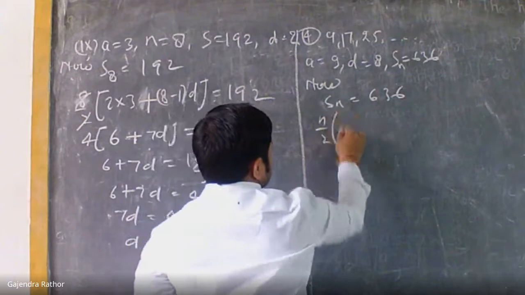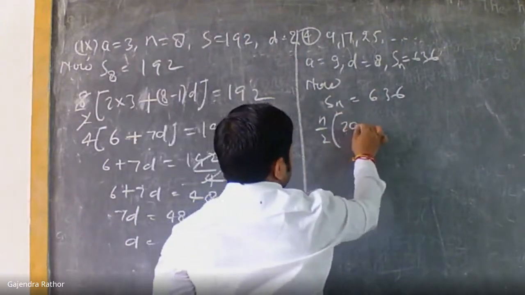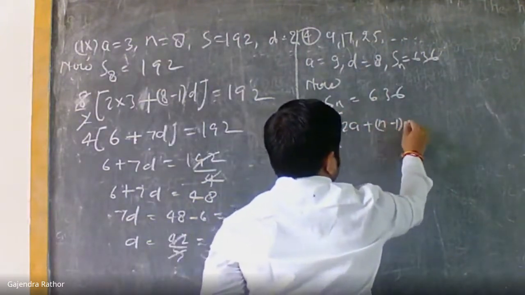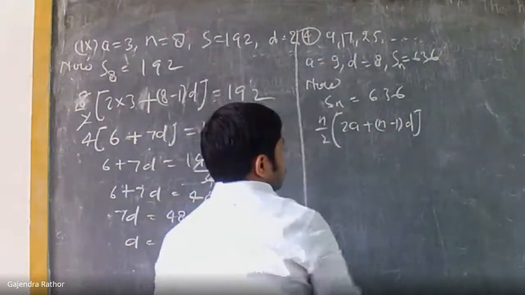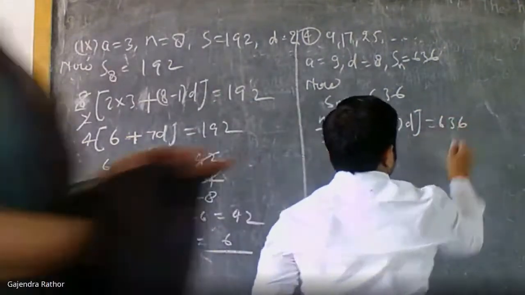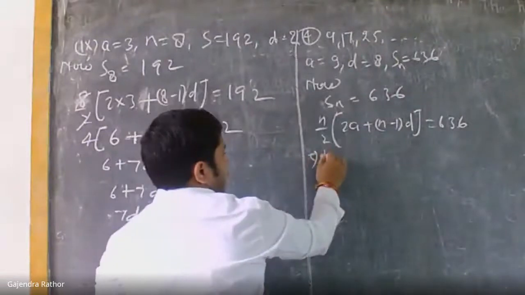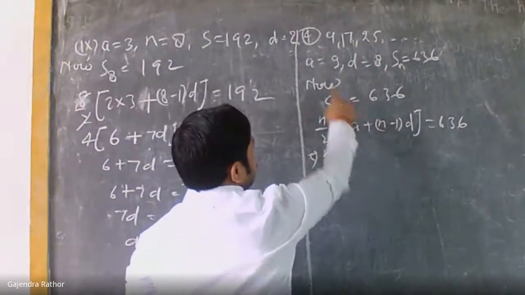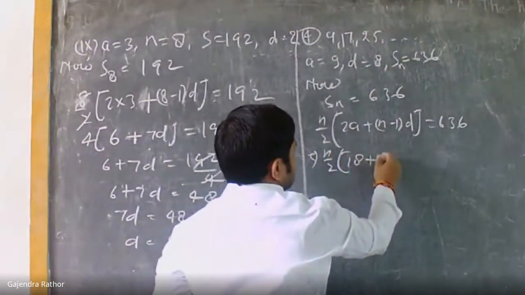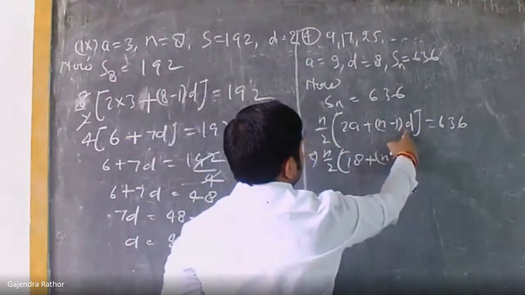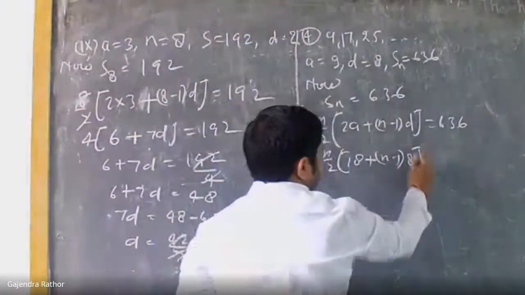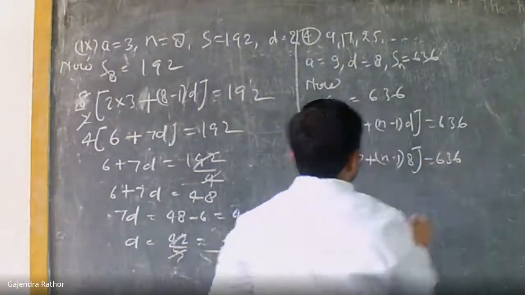So n by 2 bracket 2a plus n minus 1 into d is equal to 636. n by 2 bracket 2 into 9 is 18 plus n minus 1 into d, d is the 8, bracket equal to 636.